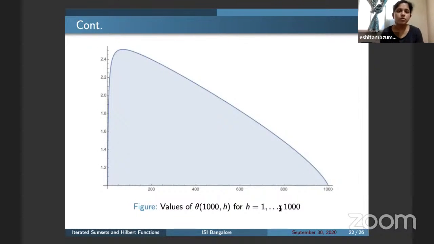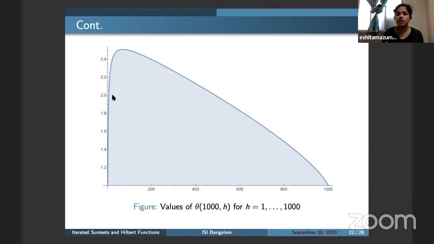Now, if I draw the graph of theta, fixing my value x to be 1000, then its curve will be something like this. You can observe that if my h is half of this x, so let it be around 500, then the value of theta will be near 2.